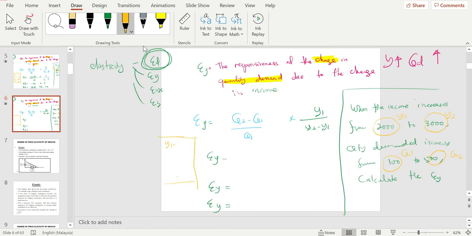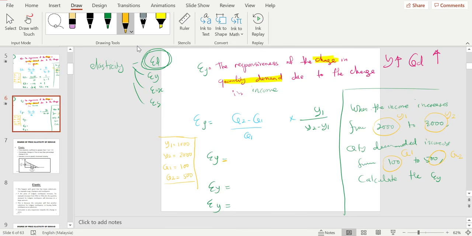Y1 1000, Y2 2000, Q1 100, Q2 500. How does madam know from 100 to 500? I just put it in. This is a sample. I want to show you how to calculate.